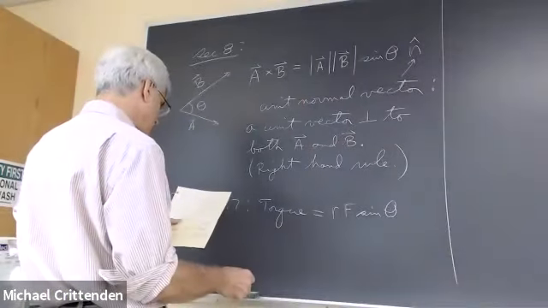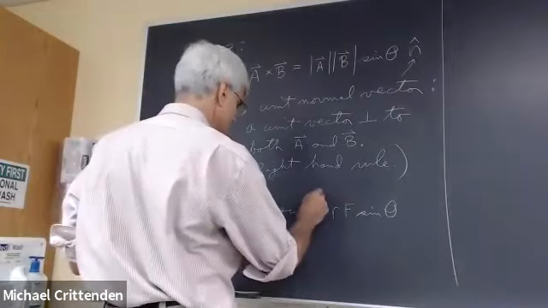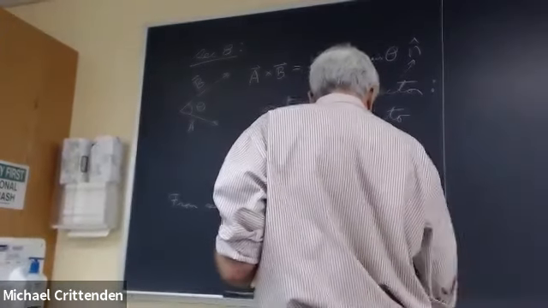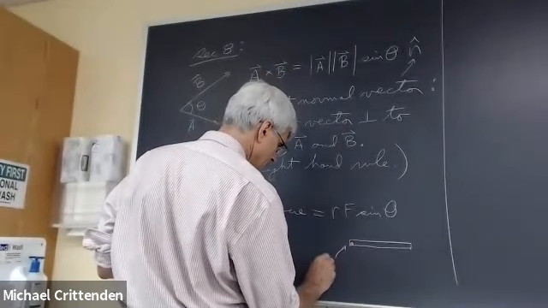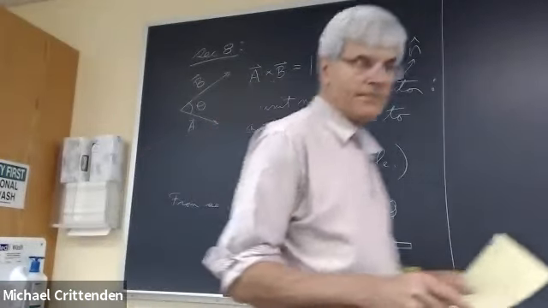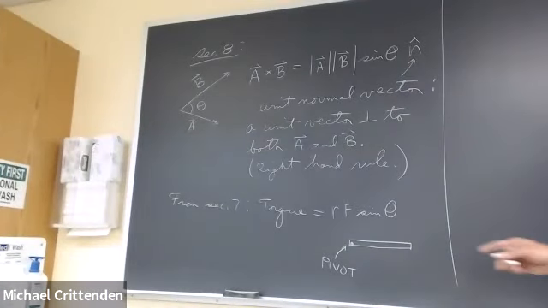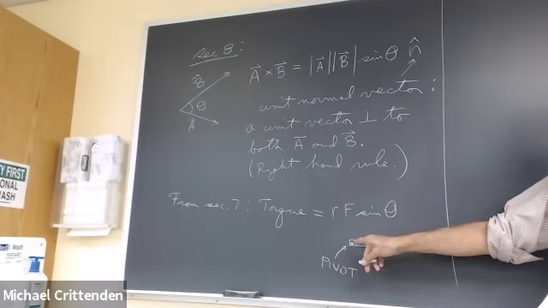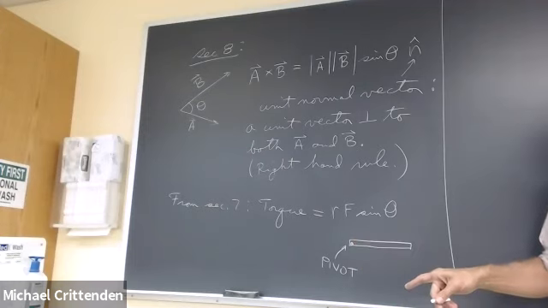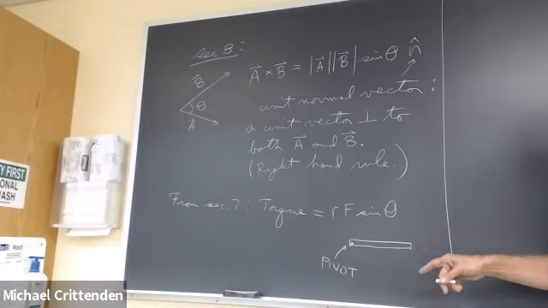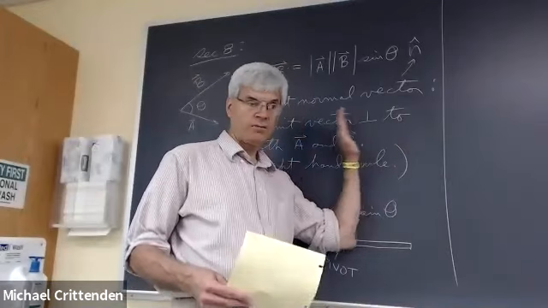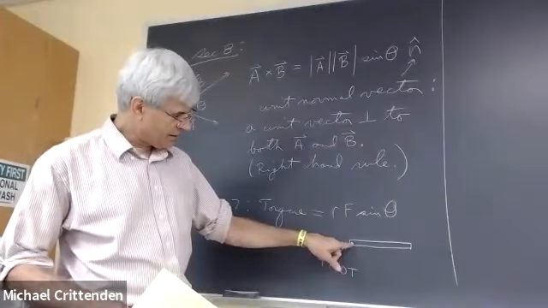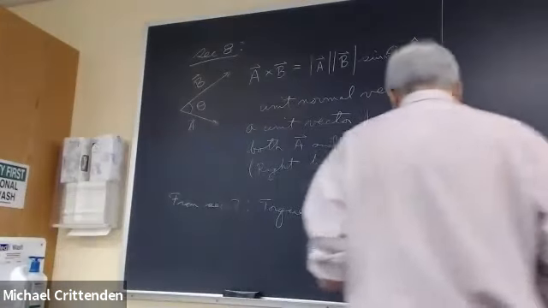Torque is RF sine of theta, where if I make a little sketch, you've got something pivoted about that point, whether it's a wrench that you're spinning around a bolt that's located here, or a drawbridge on some old castle that when the barbarians attacked, you make the drawbridge go up like that. Whatever this thing is, it rotates around that point there.